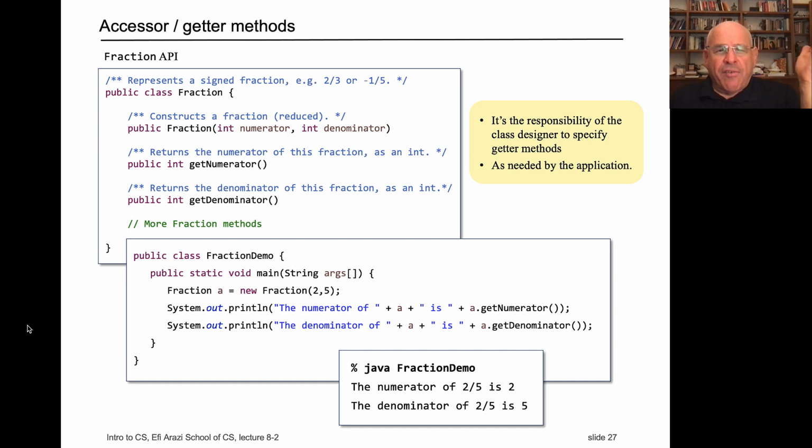You have to ask yourself, what exactly am I supposed to do? Someone should tell me what he or she wants to do with fraction objects. And if I conclude that they need these accessors, I'm going to define them. So it's application specific. Different applications have different getters and setters, which is the next thing that we're going to see.